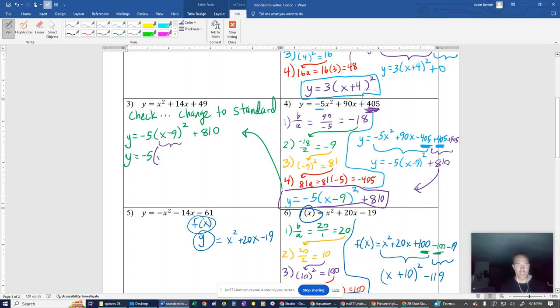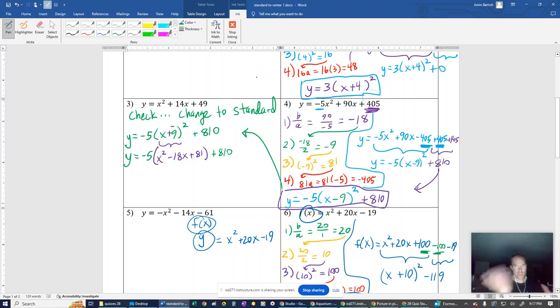It's the first thing squared, plus 2 times the first thing times the second thing. So 2 times x times negative 9 is a negative 18x, plus the second thing squared. Negative 9 squared is positive 81. And then we've got the plus 810 sitting around waiting for its turn in the order of operations.